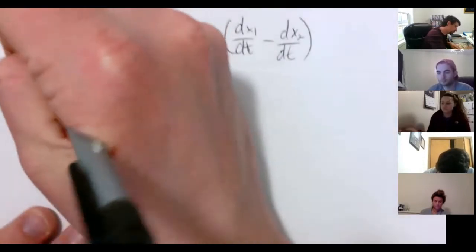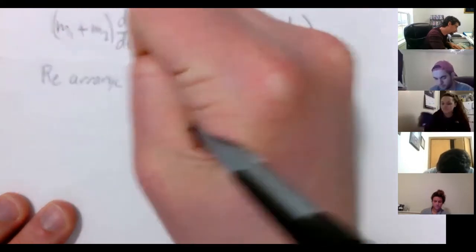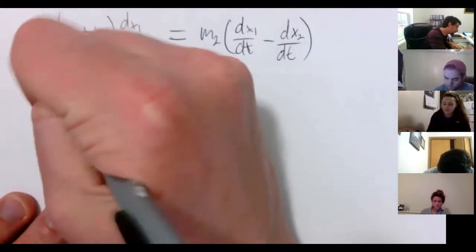So rearrange to dx sub 1 dt equals m2 over m1 plus m2 times dx sub 1 dt minus dx sub 2 dt.